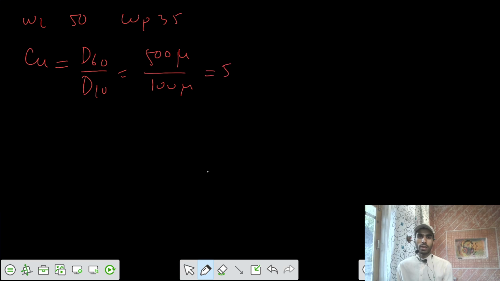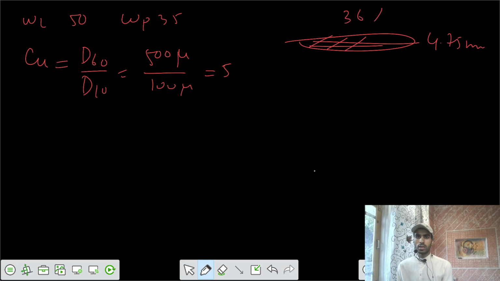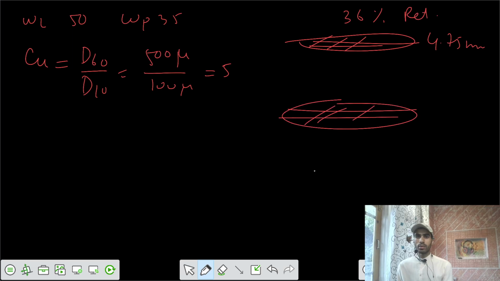Let's say that this is 5. This is the given data. There is a sieve of 4.75 mm, and 36% is retained. And there is one more sieve, the 75 micron. How much percent is retained? 54% retained.